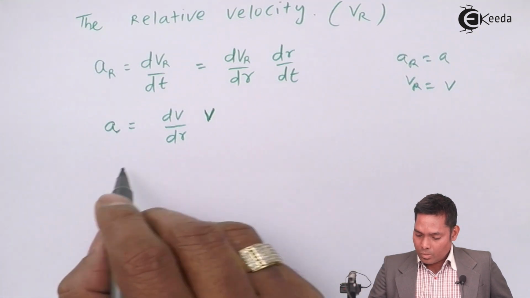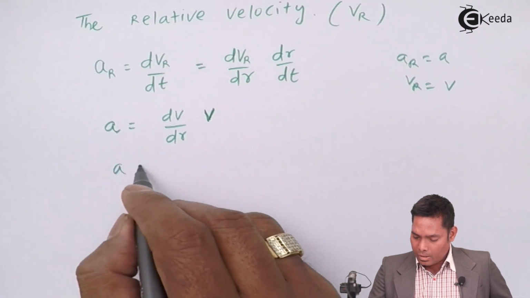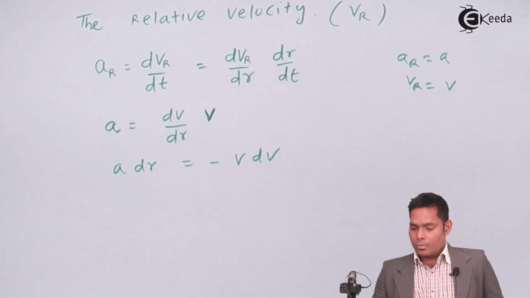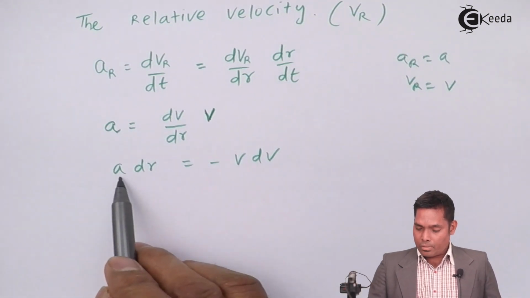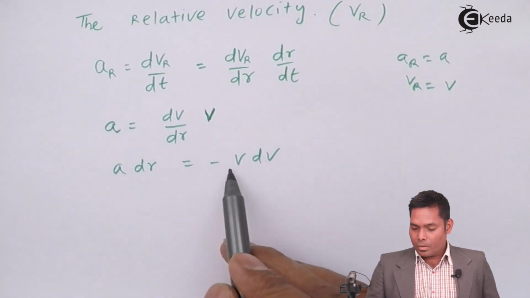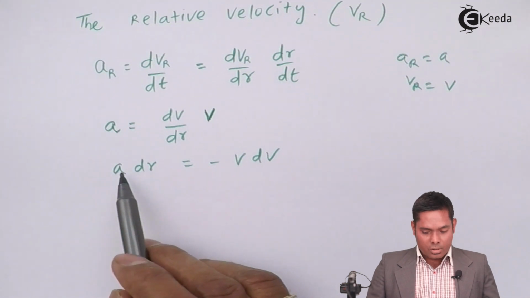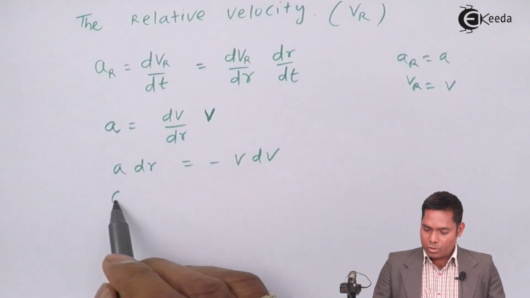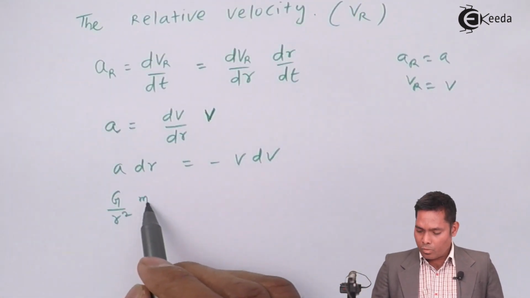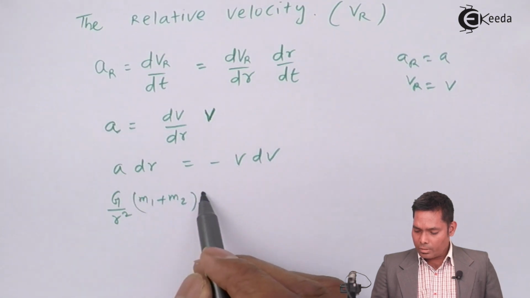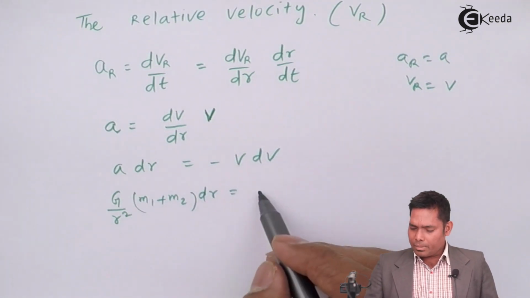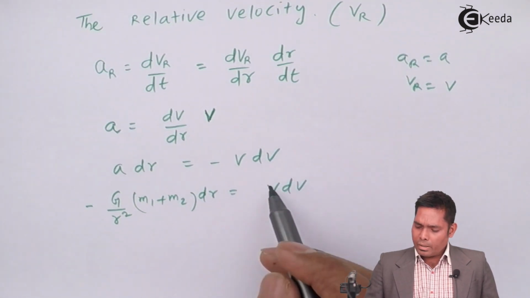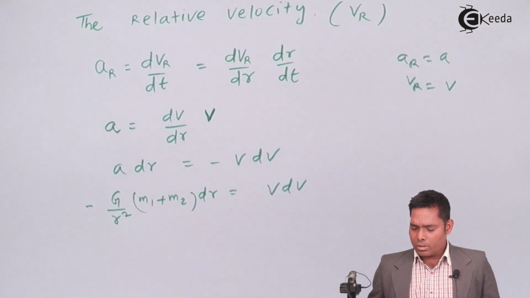So I'll write a dr is minus v dv, and these are all relative velocity and relative acceleration. The relative acceleration I got previously, G by r square (m1 plus m2) dr, equals minus v dv. I can put the minus here, no problem with that. And I take the integration of both sides of the equation.